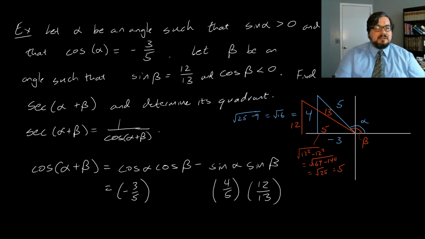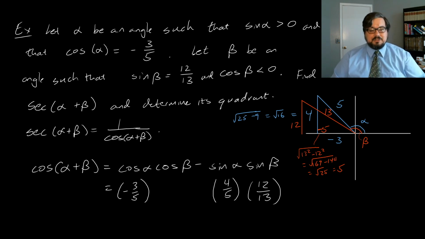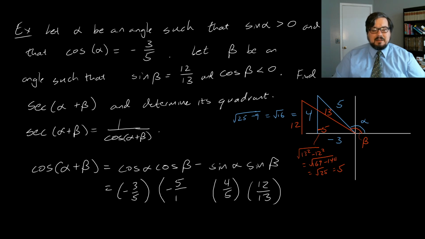So the horizontal side of this is 5, but of course that's negative 5 because it's going in the left direction here. So we have that cosine of this angle beta is negative 5 over 13.